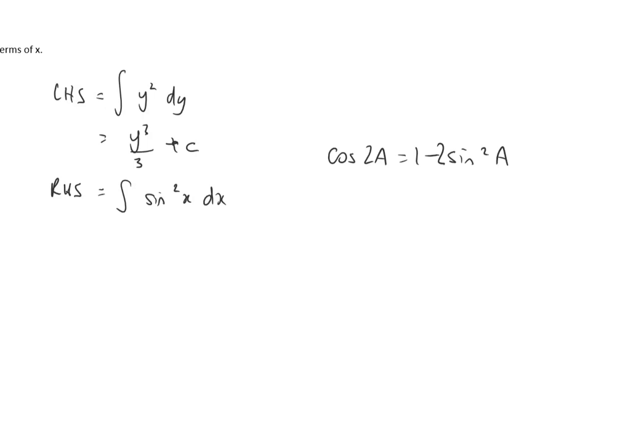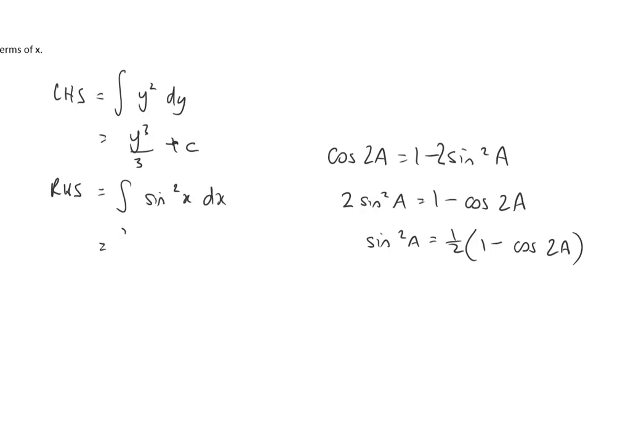So I want sine squared, so let's get it by itself. It's going to be 2 sine squared a is equal to 1 minus cos of 2a. Just checking the negatives, but I'll just swap them over, so that's fine. And so sine squared a is going to equal a half, 1 minus cos of 2a. All right, so there's my integral.